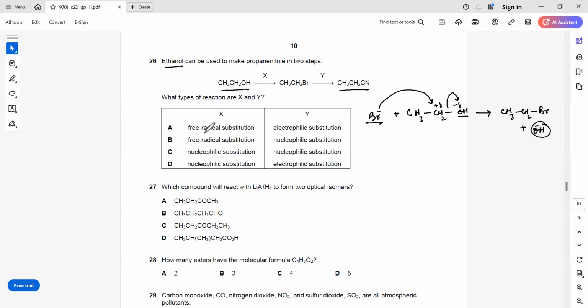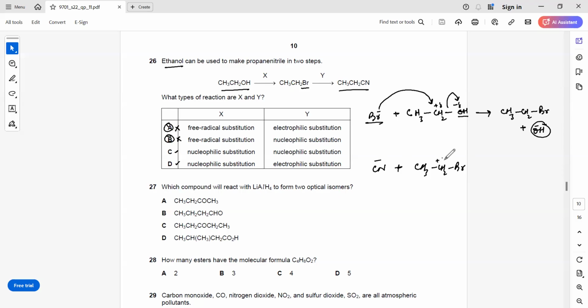Yes, it's either C or D. It's not a free radical substitution reaction, right? And next is also the reaction of halogenoalkane. We also know that this cyanide, when we treat it with halogenoalkane, what is the role of this cyanide group?